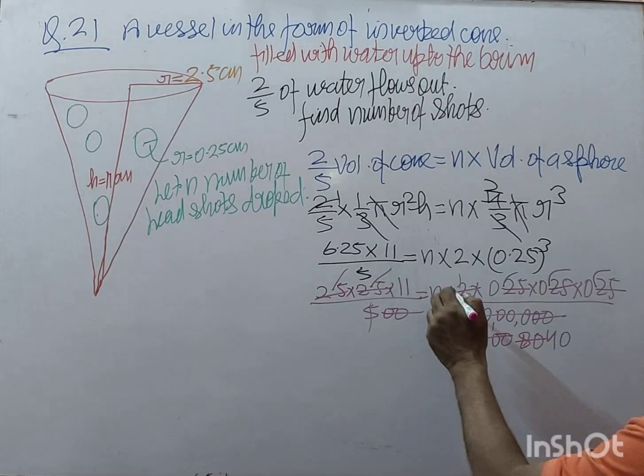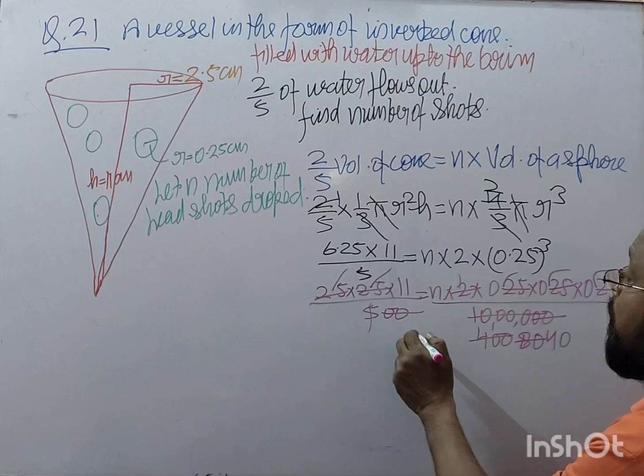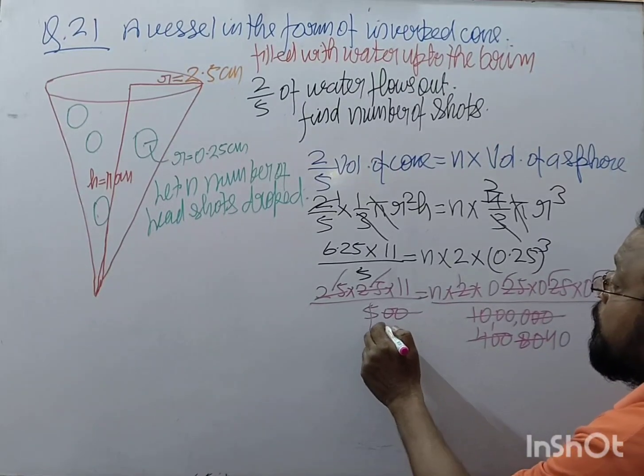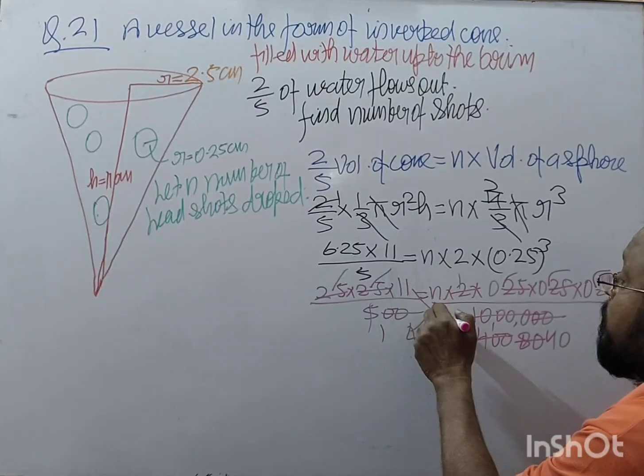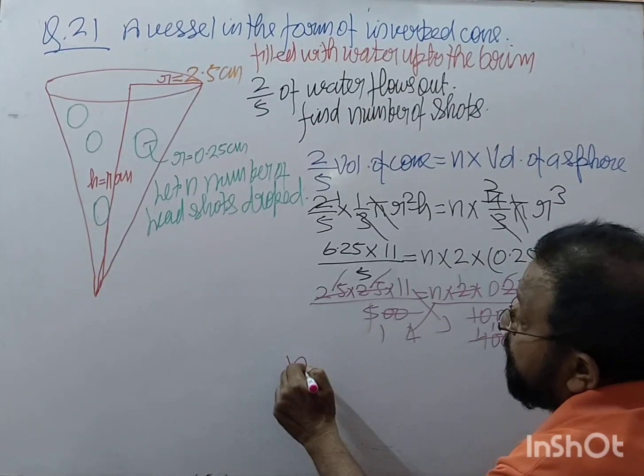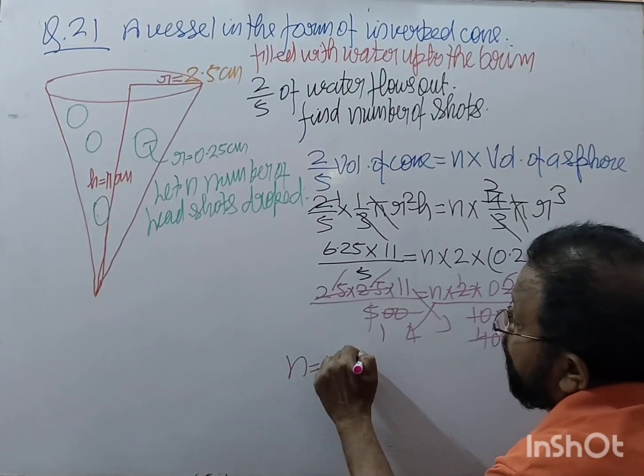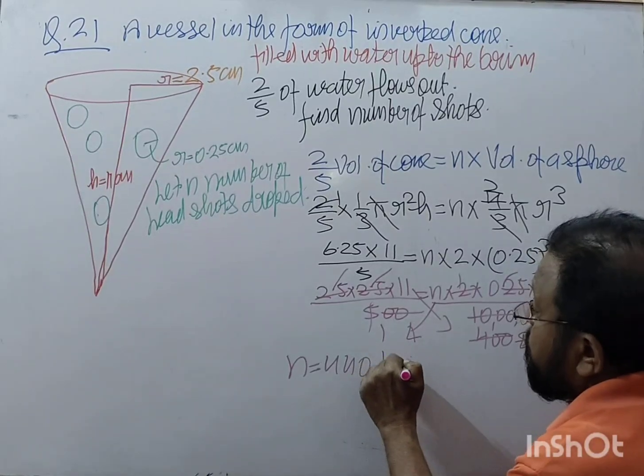So when cross multiplied, n is equal to 440 lead shots.